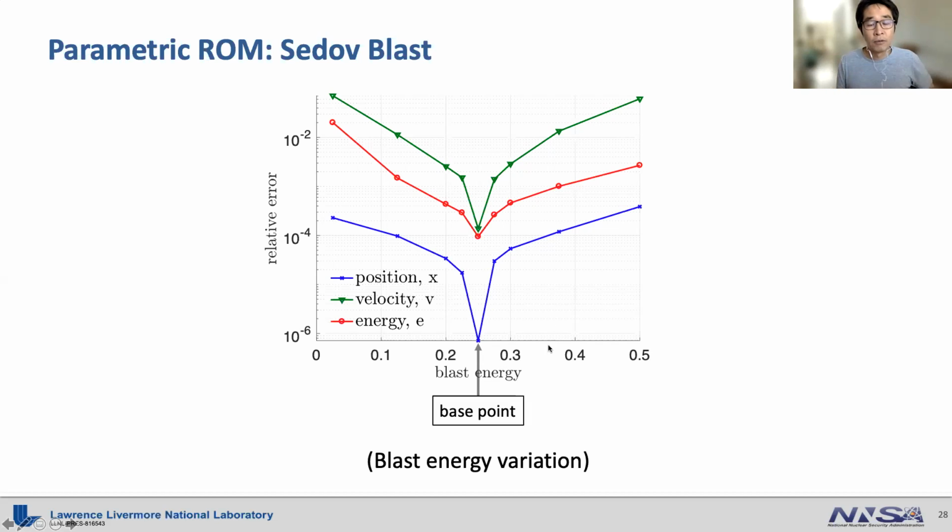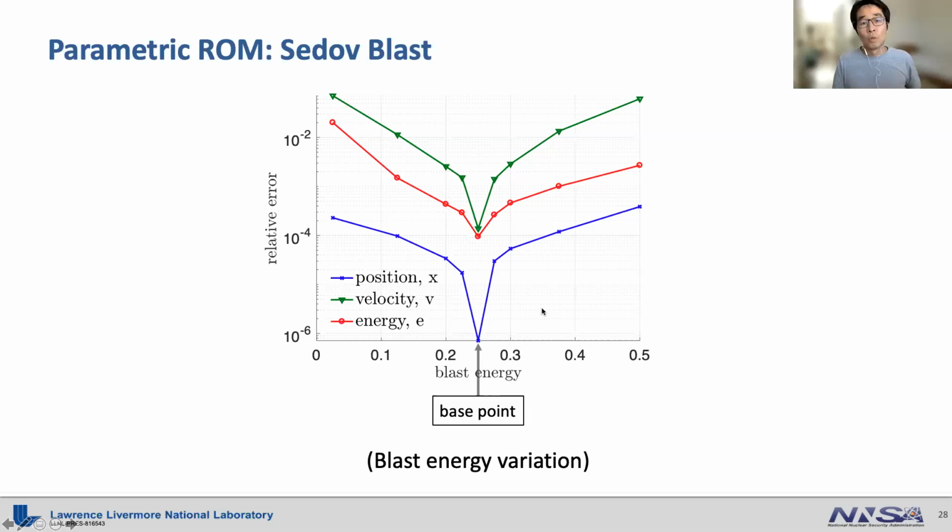That means if you are dealing with a local reduced order model, each local reduced model has some sort of trust region. So depending on the applications, if your application is okay with less than 1% relative error around this line, then the trust region for this local reduced model will be around 0.1 to 0.4.